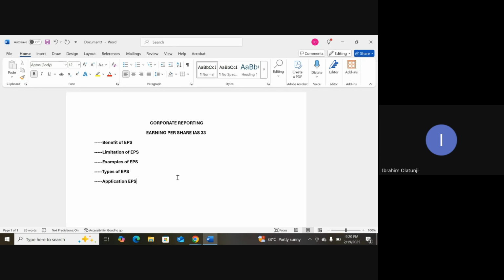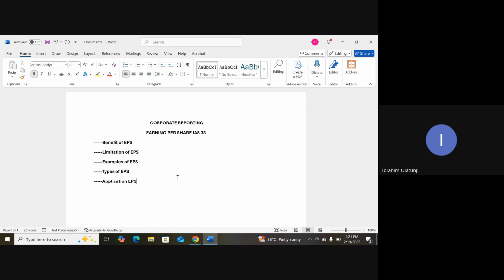When we are talking of ratio analysis, we can use it as a complete tool for investment analysis. So you can use ratio analysis to provide information on the liquidity position of the company. But earning per share cannot do that, because it is not a complete tool for investment analysis.